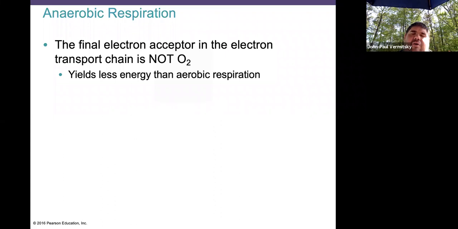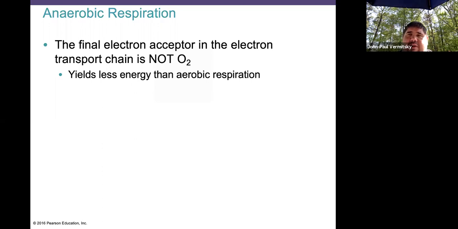So what's going to happen again with anaerobic respiration is you're going to take your pyruvic acid and your NADHs. The NADHs will be able to release the electrons, because there's an enzyme to do that, into pyruvic acid, forming an acid or an alcohol. When that occurs, you have now freed up the shuttle.